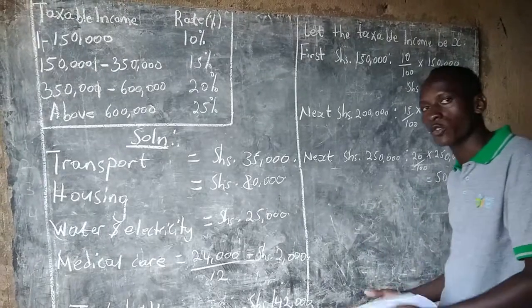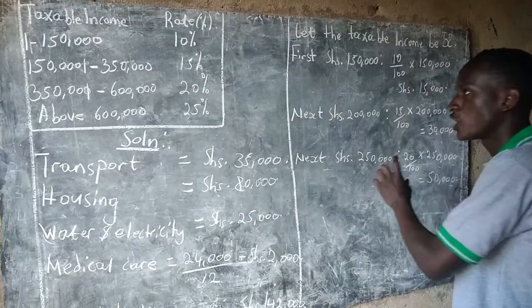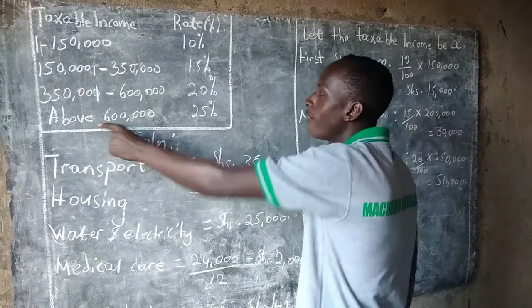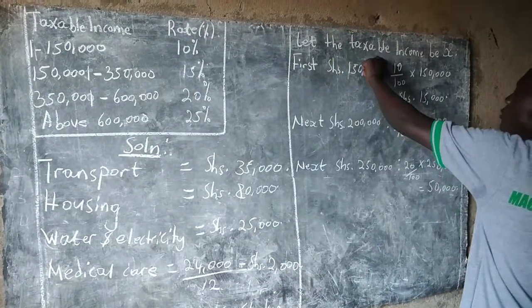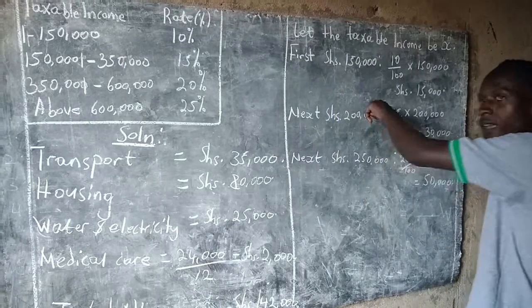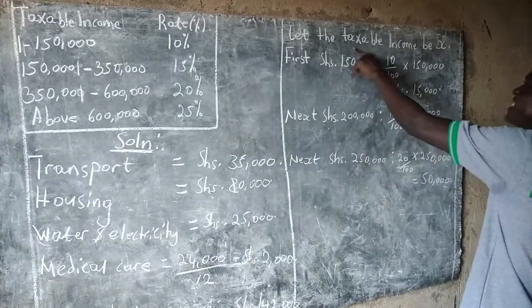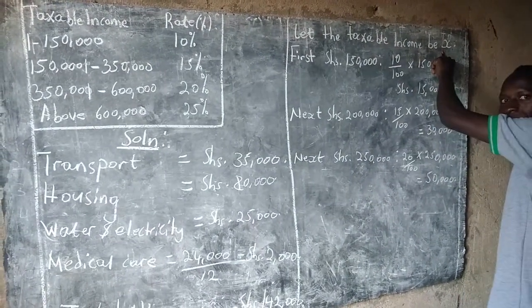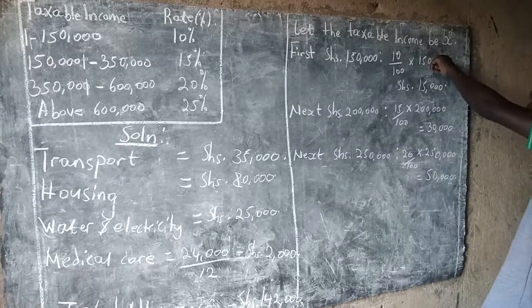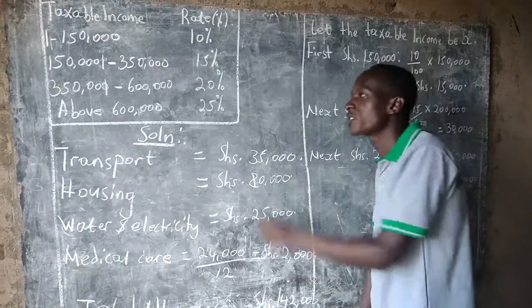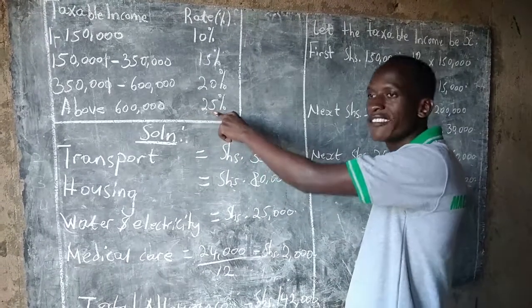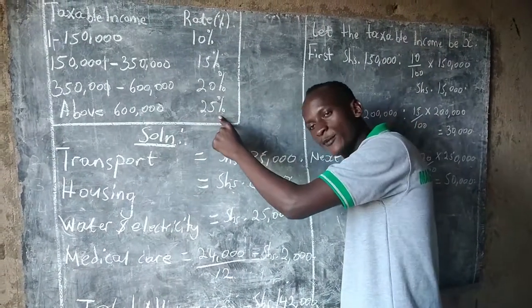Remember, there is something that we know. Our principle is not changing. Now they're saying that above 600,000. Now remember, this amount has been subtracted from the taxable income, which is X. This means that our remaining taxable income is the one that is going to be subjected to this 25% rate.